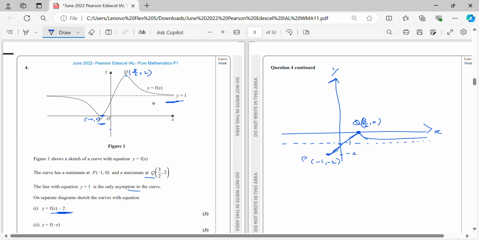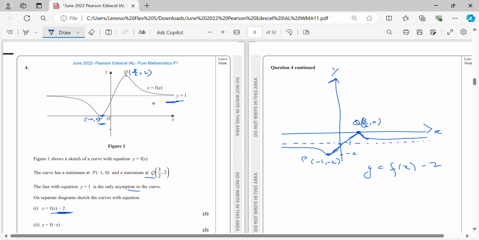It's a minimum point and it goes straight with asymptote. All right, this is the sketch of the curve with the equation y equals f of x minus 2. Then Q is a maximum point and P is the minimum point.